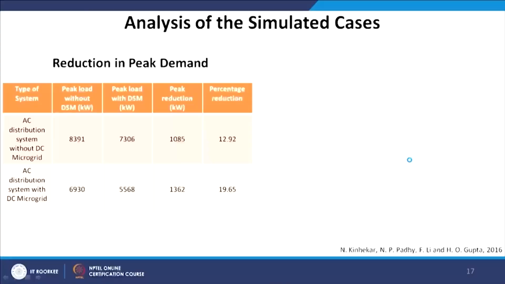Now, similarly, if you see the results, it is very clearly shown that if your AC distribution system does not have a microgrid in place, then you can achieve a peak reduction of maximum up to 12% for a specific case study, and if you have a DC microgrid in place, then the peak reduction could be as high as 20%.